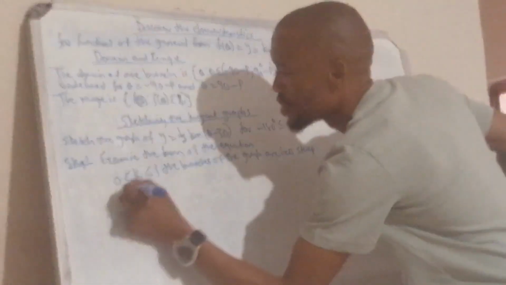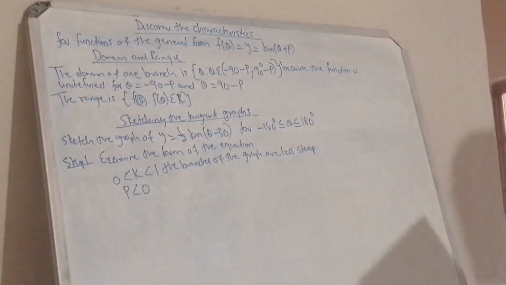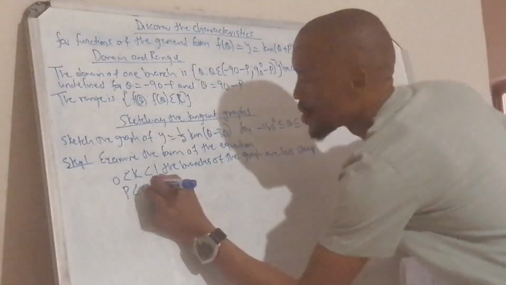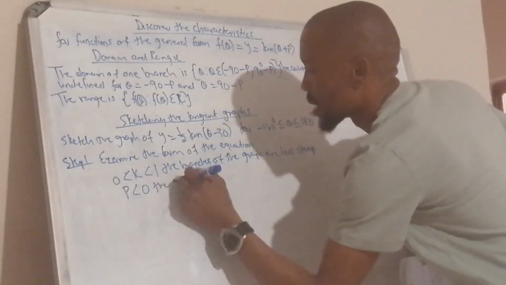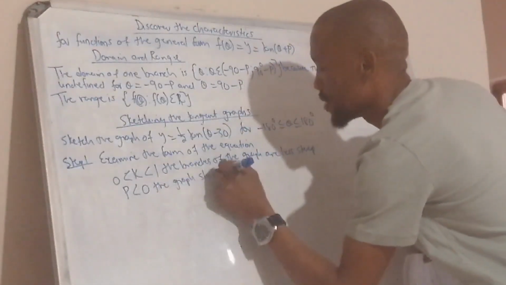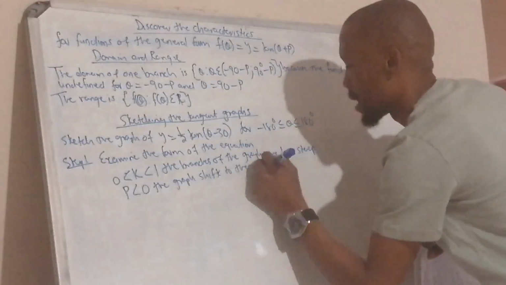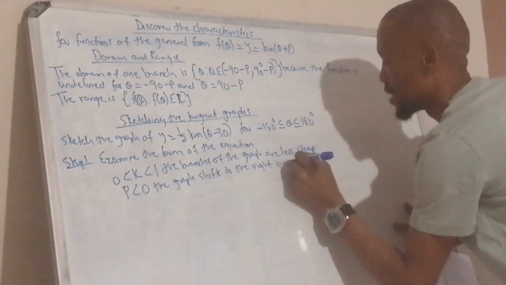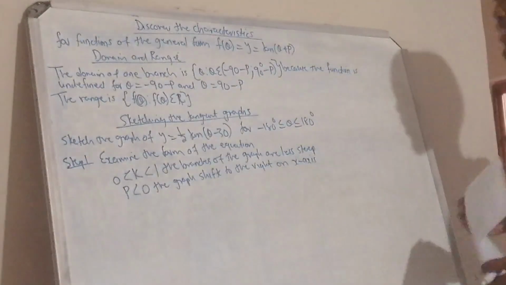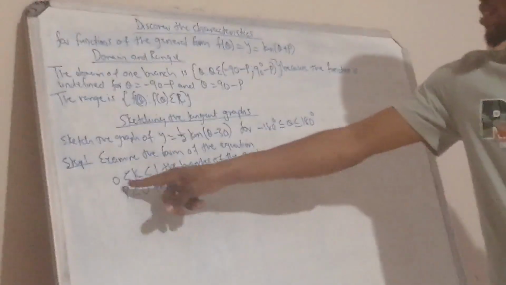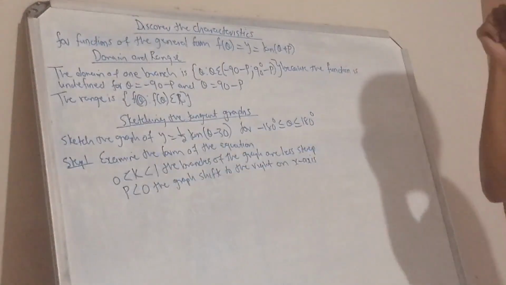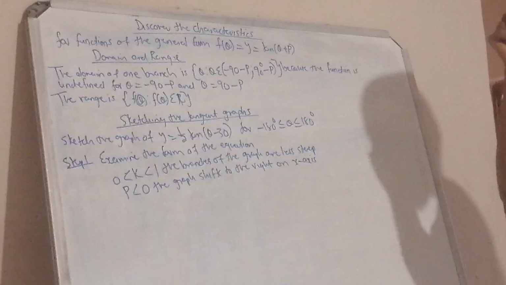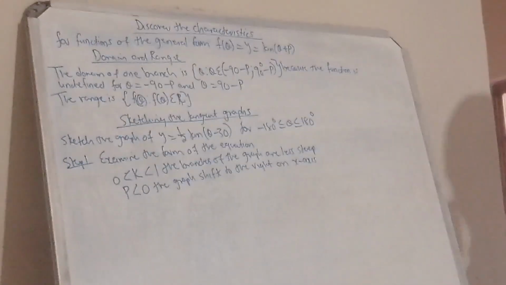And for p that is negative, the graph shifts to the right on the x-axis. For k that is between 0 and 1, give me a value of k: 1/2.